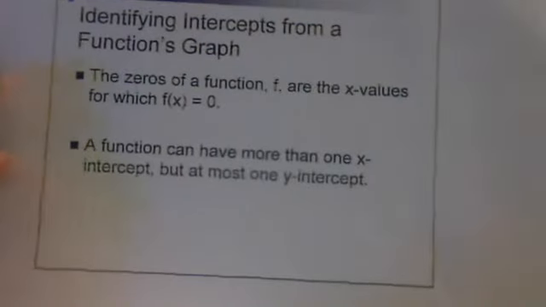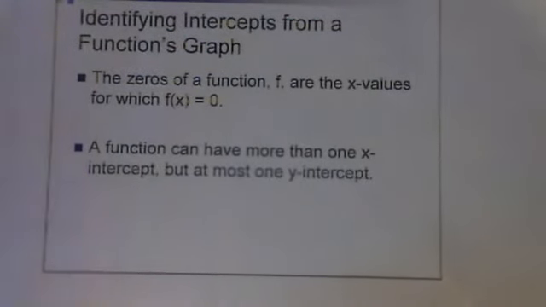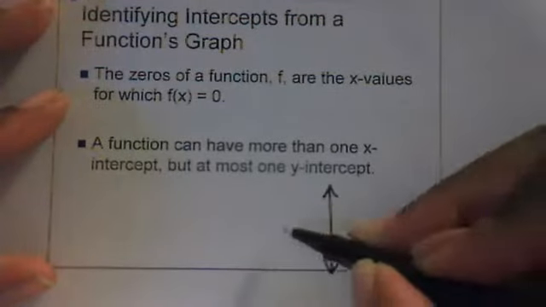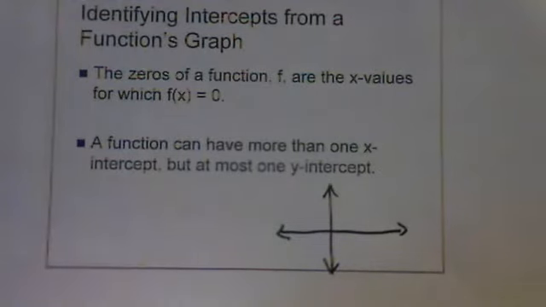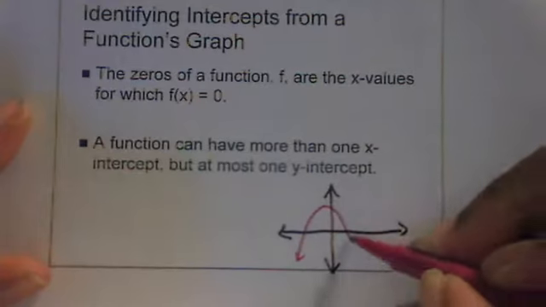Okay. And there's one more thing I need to talk about, which is identifying the intercepts from a function's graph. I won't talk much about it, but I'll just go ahead and mention it. The zeros of a function called f are the values for which f of x is equal to 0. In other words, if I have a graph of a function y is equal to f of x that looks something like this.